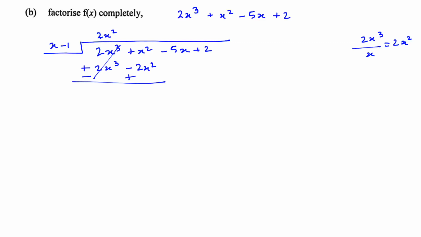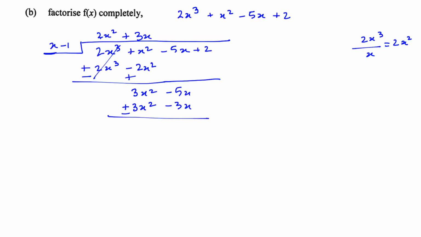We change the sign. Plus 1 plus 2 will give us 3x square minus 5x. Now to get 3x square, we are going to multiply x by 3x. And then negative 1 multiplied by 3x will give us negative 3x.